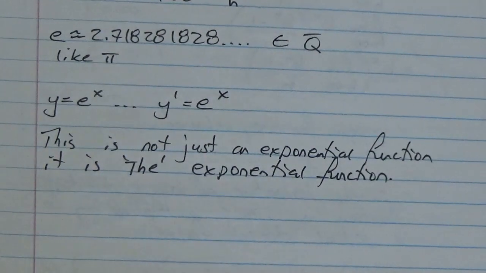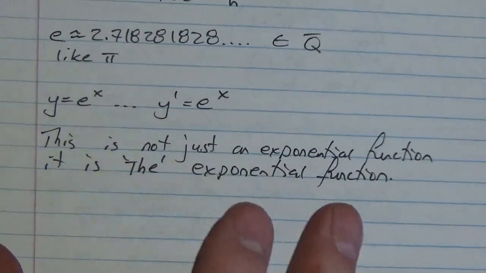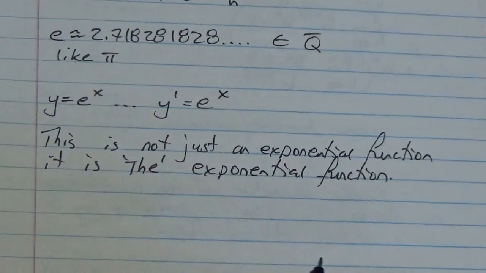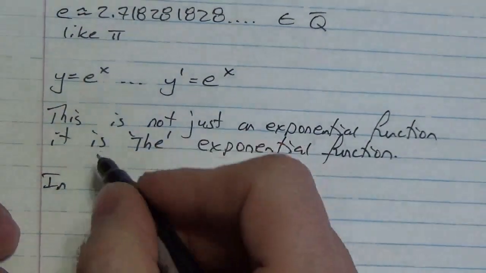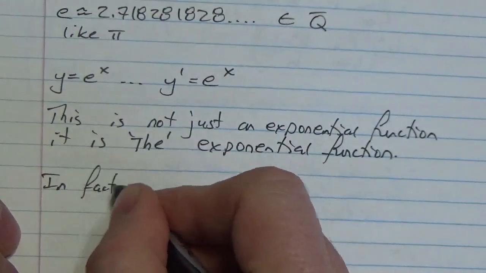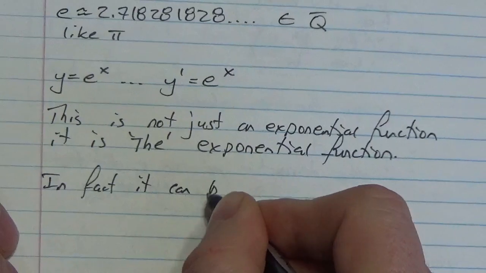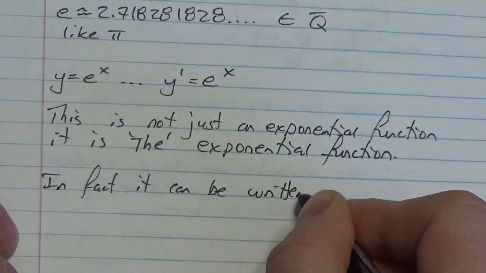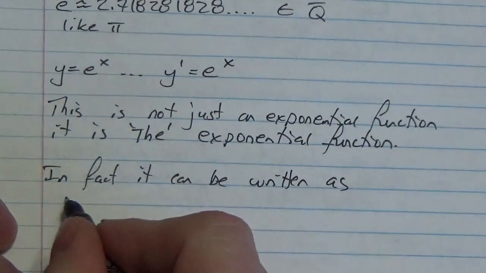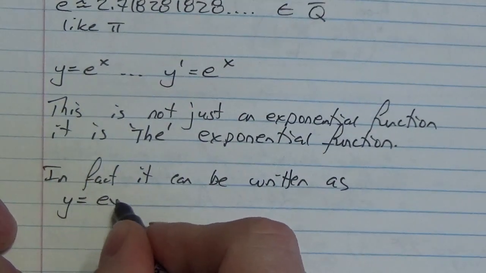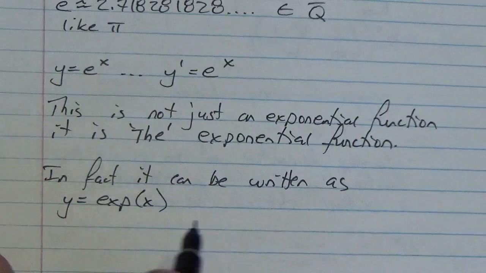y equals e to the x. This is so important. This is the one here. In fact, it's got its own three-letter notation. It can be written, and you will see this pop up frequently, as y is equal to exp of x.